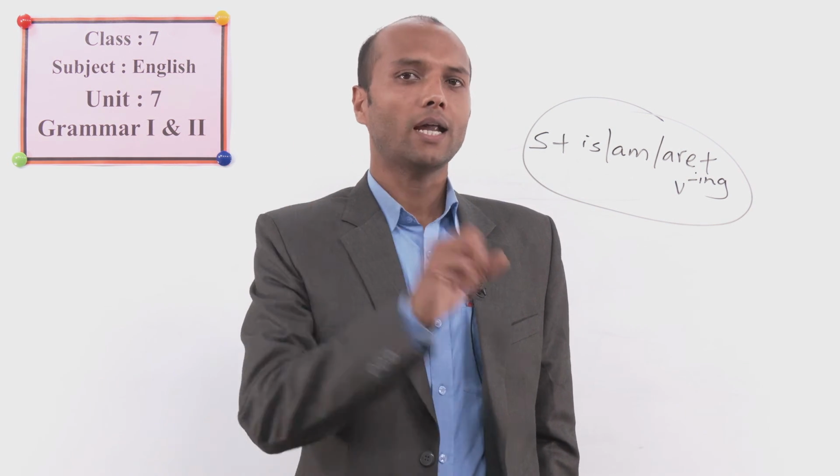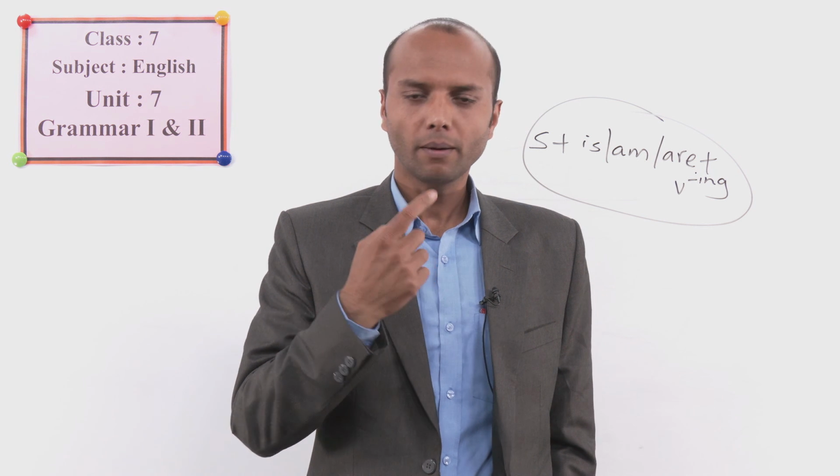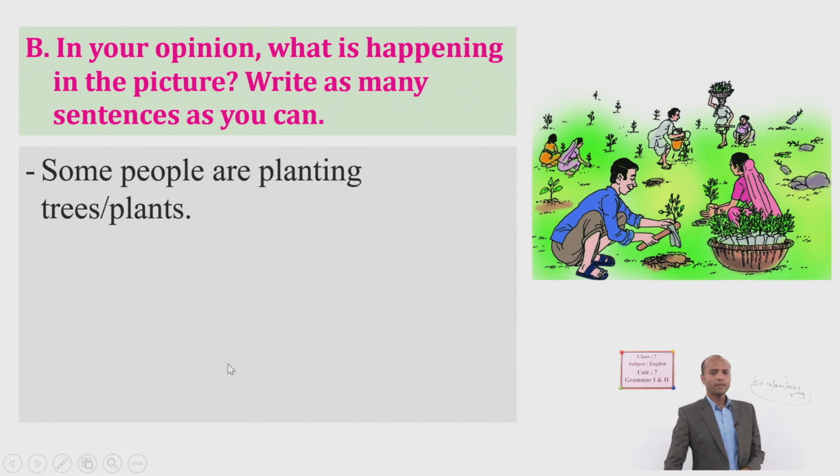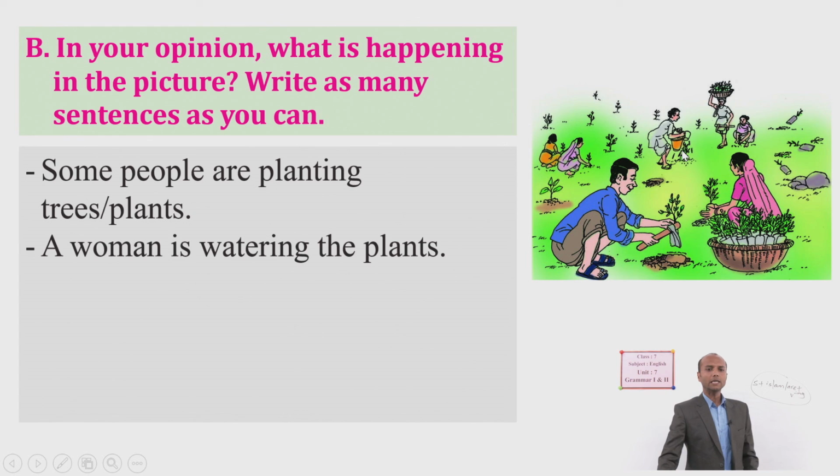Please compare your answers, your sentences with mine. Look at here, I have listed some. Some people are planting trees or plants. Next, a woman is watering the plants. Look at here, so you can see a woman watering the plants.